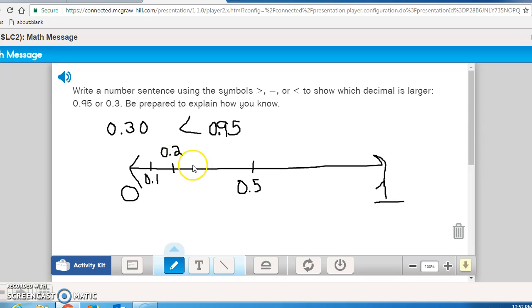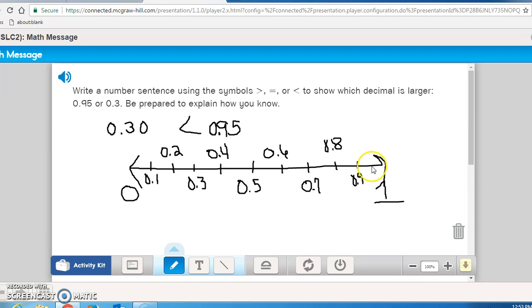This would be 0.2. This would be 0.3. This would be 0.4. 5, 6, 7, 8. Sorry, that's a 0 there. 0.8. 9.